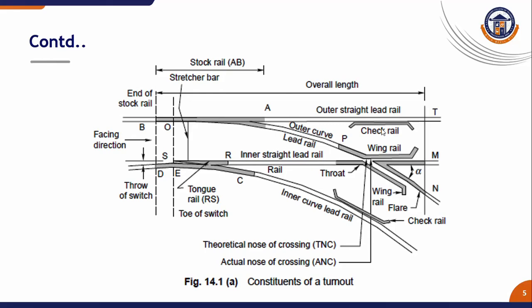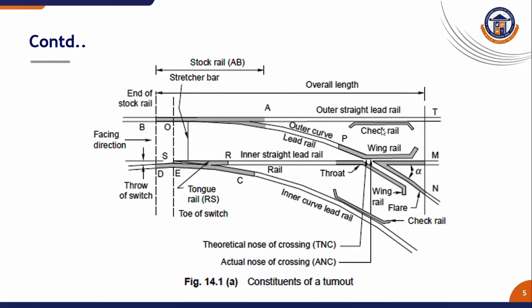So in continuation of the previous slide, the constitution of the turnout: in the railway track, there is a set of check rail, wing rail, as well as the flare, which is an important part, and the inner straight lead rail and curved portions and tongue, which are very much important and are the main parts in the constitution of the turnout, because the overall length is taken into account.